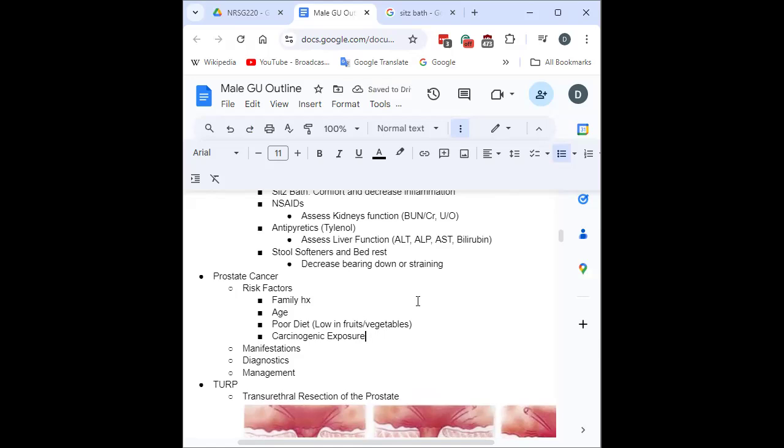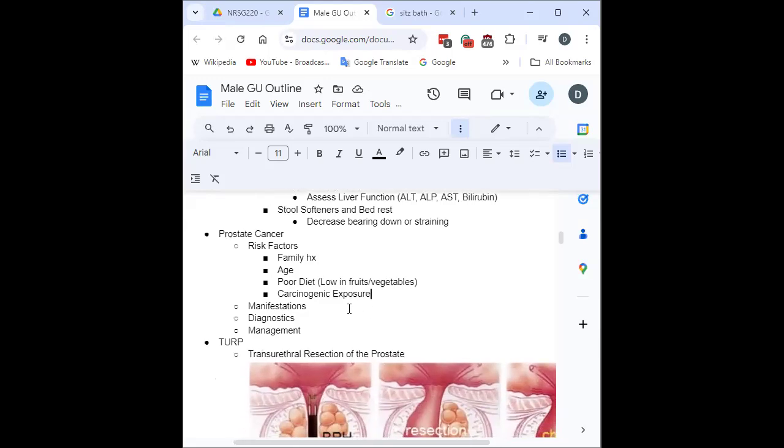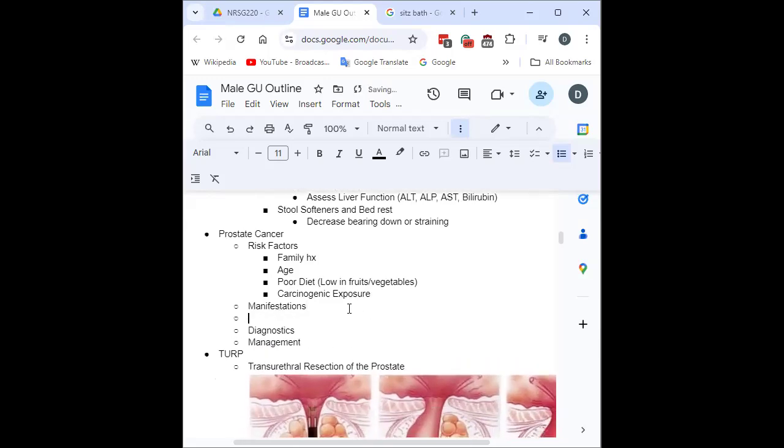I think it's just worth noting. Heavy metal exposure. Yeah, I saw chemical exposure, like Agent Orange, for the people that got hit with Agent Orange in Vietnam. But again, just get the general idea. No need to have a PhD on that.